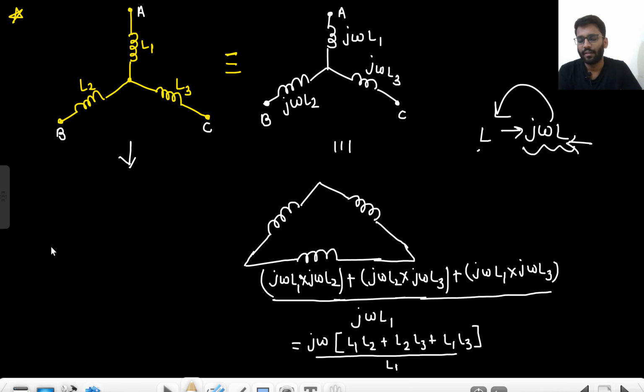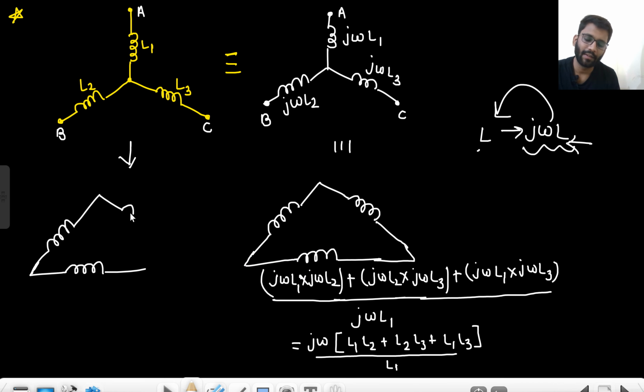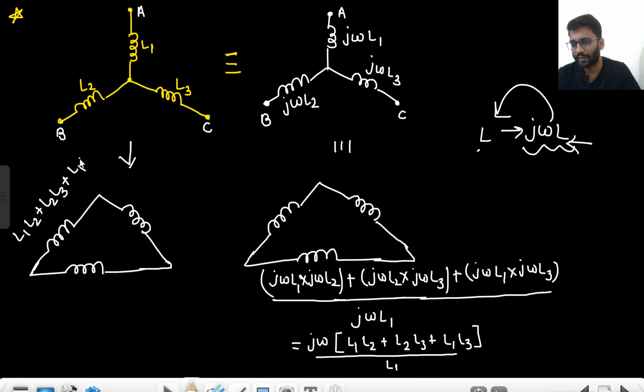Whenever there are inductances connected like this, then we can go on and tell the values like this. So for this one, what will be the value? L1 L2 plus L2 L3 plus L1 L3 divided by L3, because this is in front.